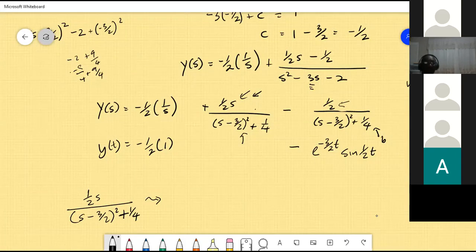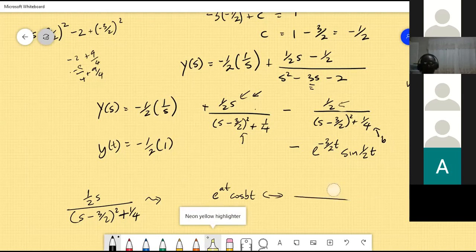So the transform that we're using says e to the at cos bt is s minus a over s minus a squared plus b squared.